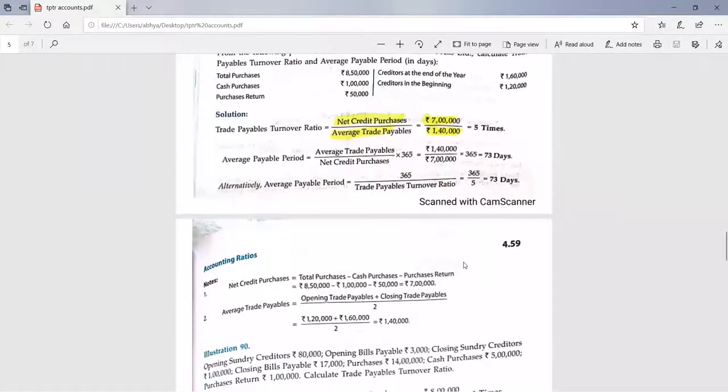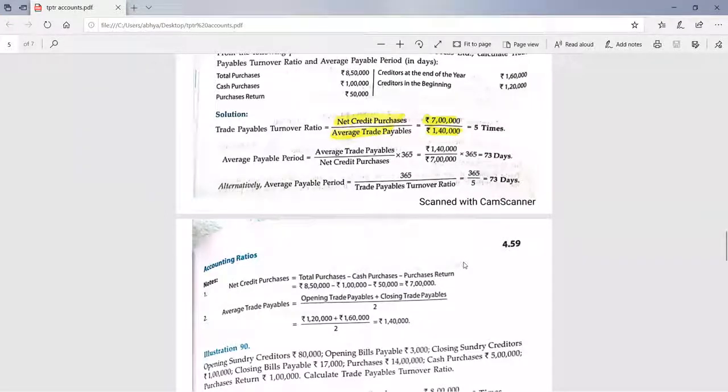Start doing. I'm reading the question. Opening sundry creditors 80,000. Make sure that it is opening 80,000. Opening bills payable 3,000. Closing sundry creditors 1 lakh. Closing bills payable 17,000.